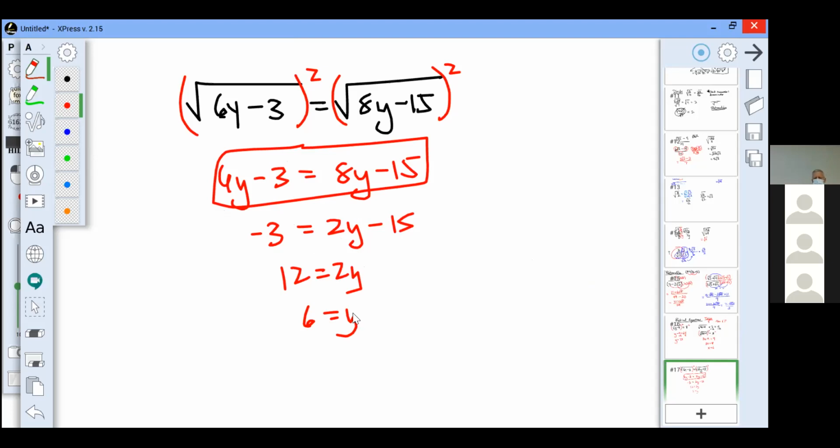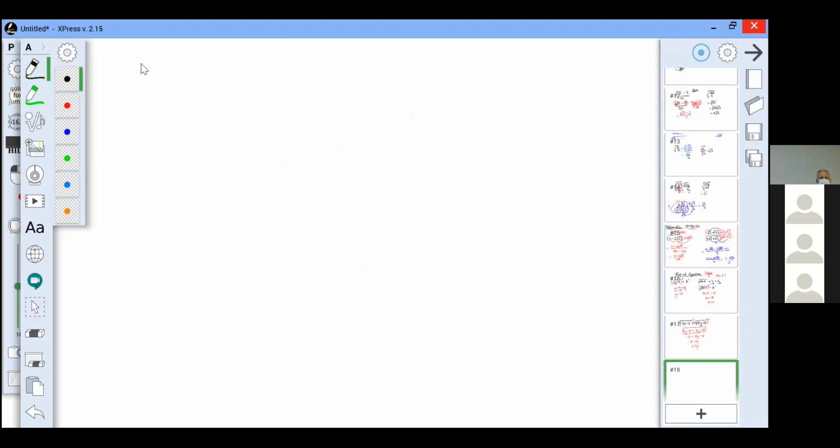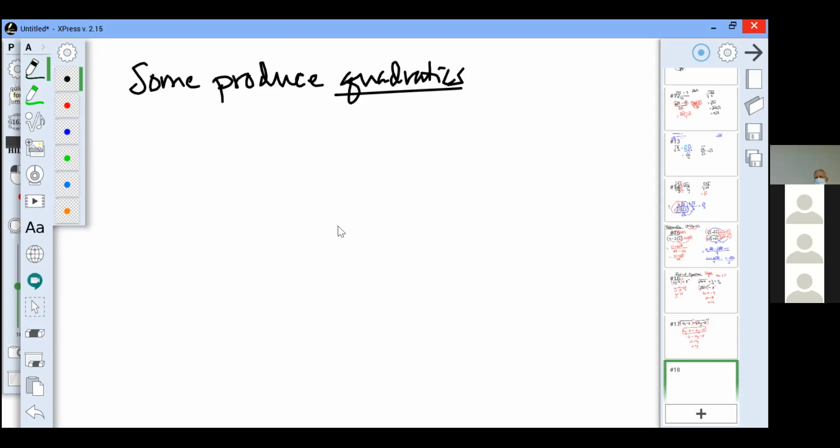There are going to be some that will produce quadratics. Those have to be factored, and then check your answers.